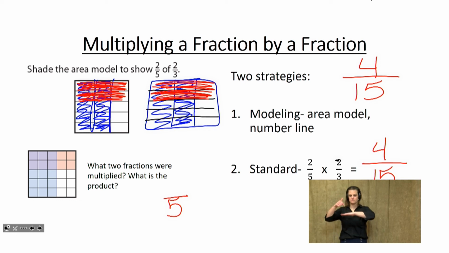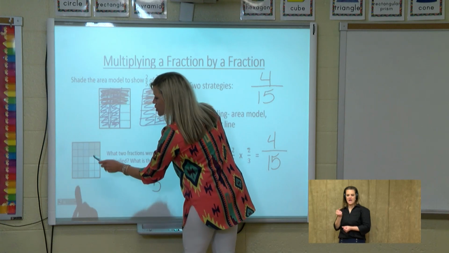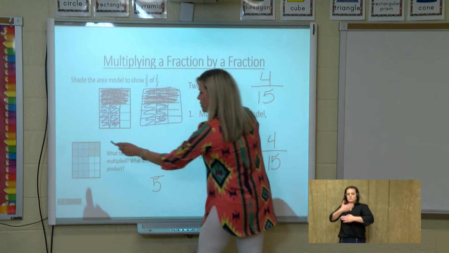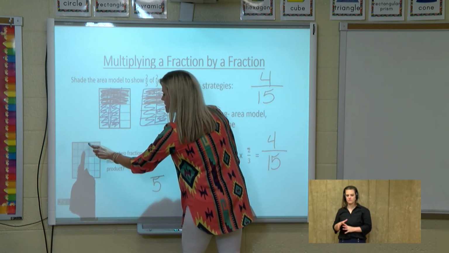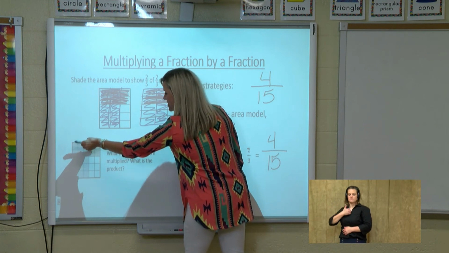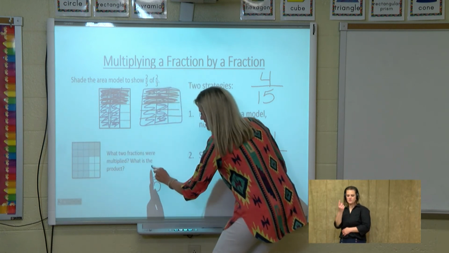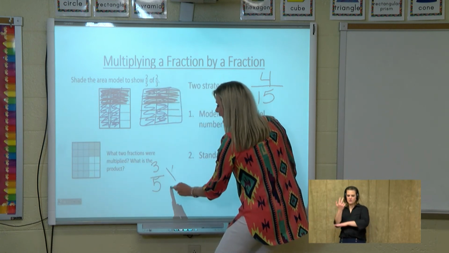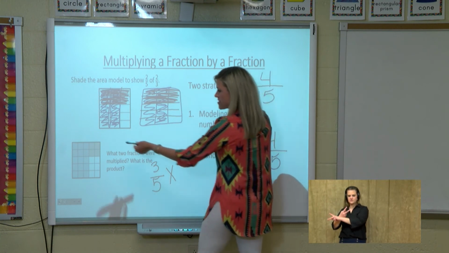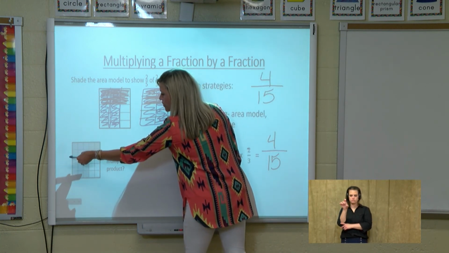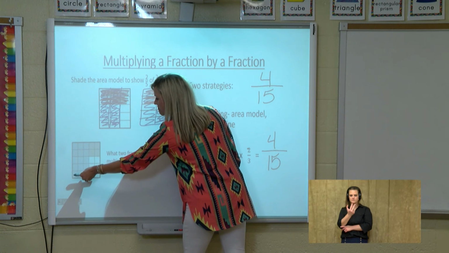And then I'm going to look right here to see how many are shaded in. 1, 2, 3, 4, 5, 6. Oh, sorry, 2 rows. Sorry, 1, 2, 3 across shaded in. All right, now let's turn and go sideways. 1, 2, 3, 4, 5.